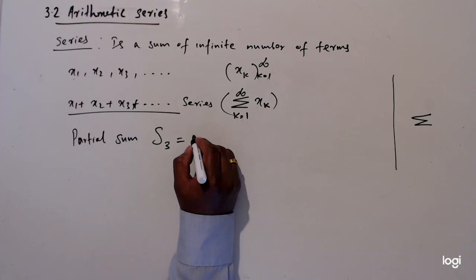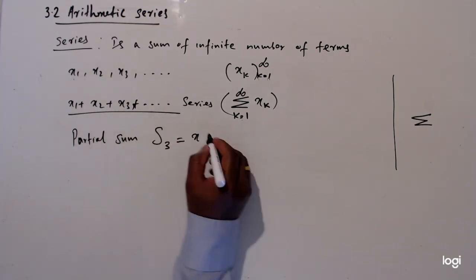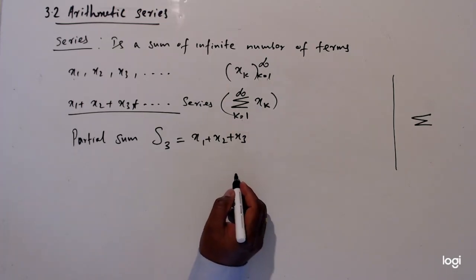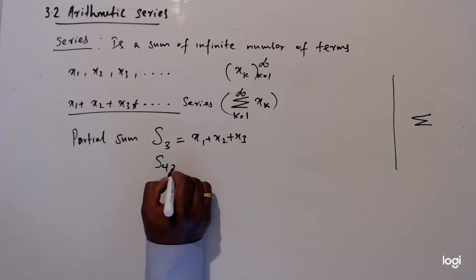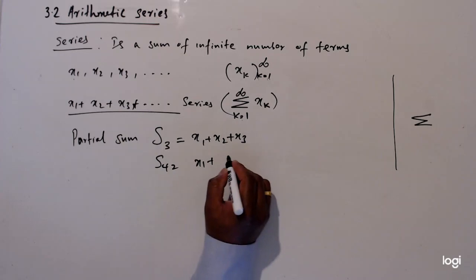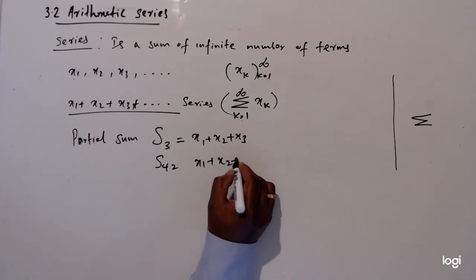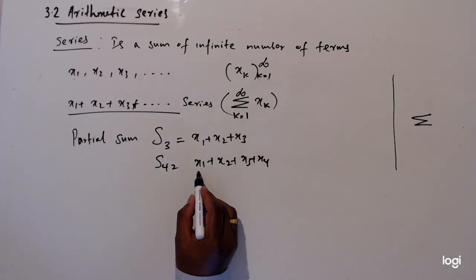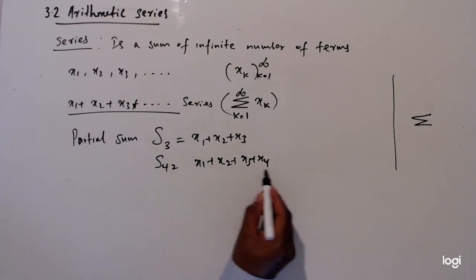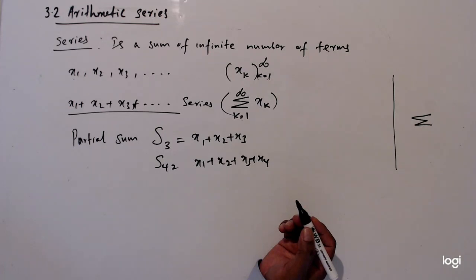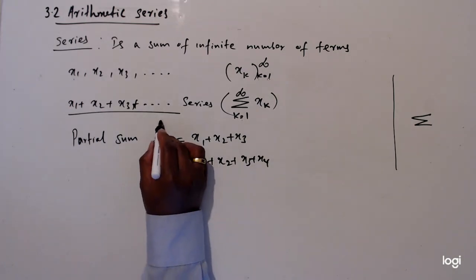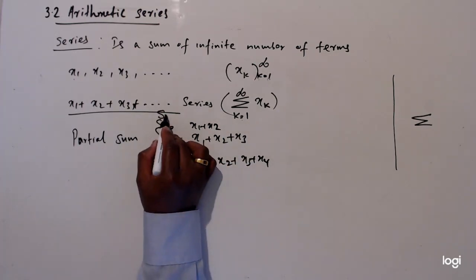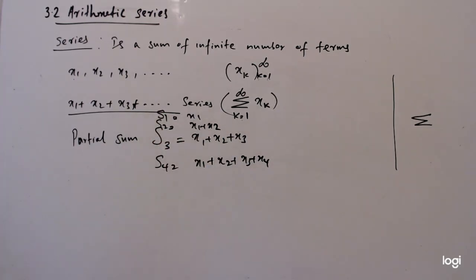It means we are only interested in up to 3 terms, x1 plus x2 plus x3, or S4, x1 plus x2 plus x3 plus x4, but always consecutive, starting from the first term. And likewise S2 is x1 plus x2, so S1 means the first term.